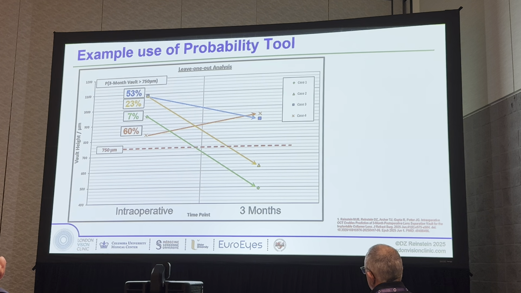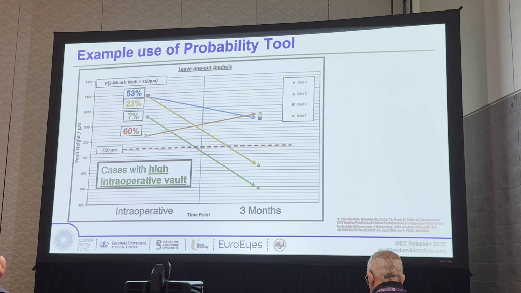So if we then take this and put it into practice, we did a leave one out analysis where we selected cases with high intraoperative vaulting, and we obtained the output from this probability tool to see how it would help us. So going case by case, looking at this orange one, the intraoperative measurement was around 850 microns, and the probability tool calculated that there would be a 60% chance that the vault would stabilize above 750 microns postoperatively, which it did.